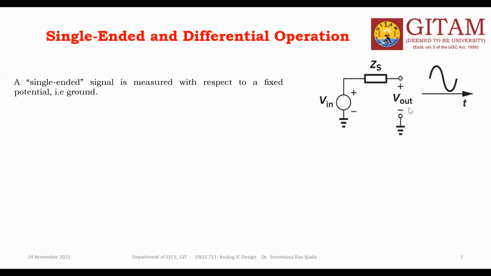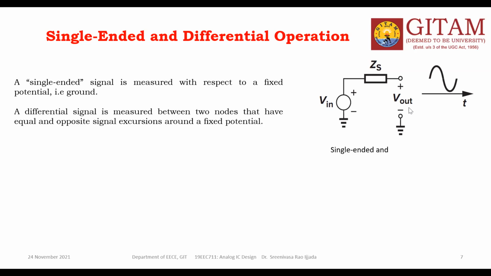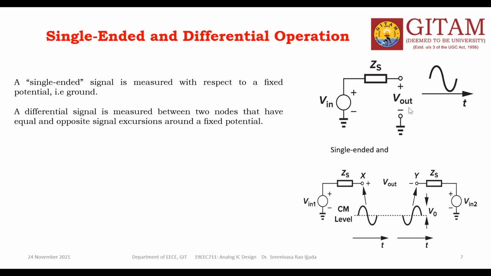Single-ended and differential operations. So this is a single-ended operation. The output you are collecting with respect to one node, with respect to the ground. In the differential mode, you can have it like this. This is one end, this is another end. For example, at this node, the voltage will be Vx.